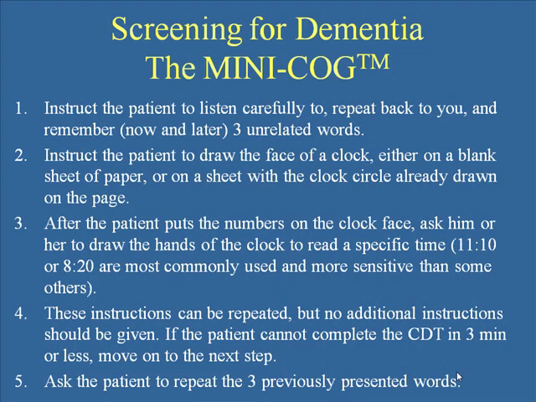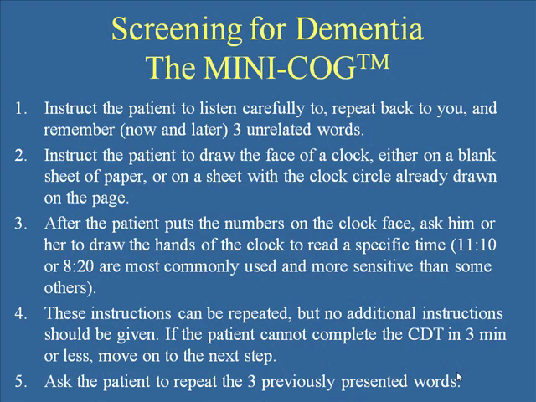It involves two very sensitive strategies: the first is to recall 3 words, and the second is to use the clock draw. By combining these two strategies, you develop a process of screening that's relatively brief and quite effective.